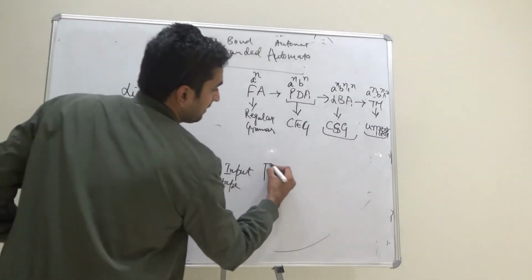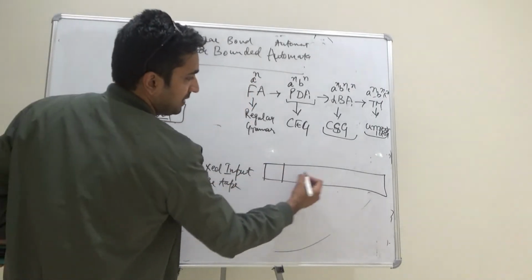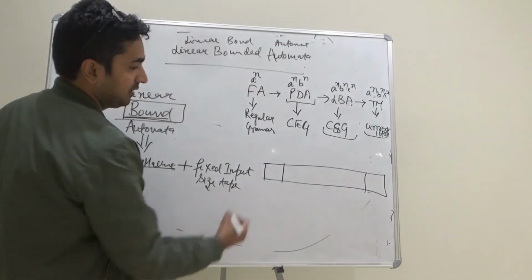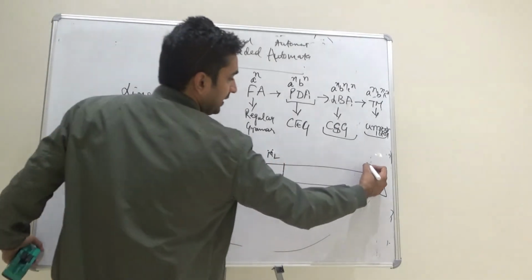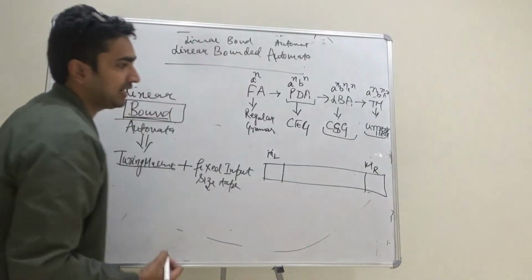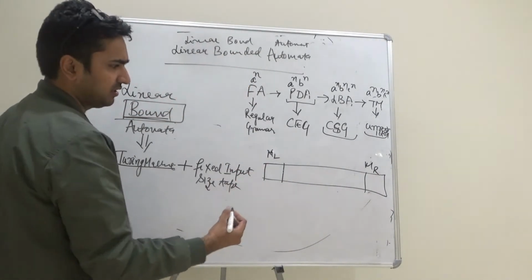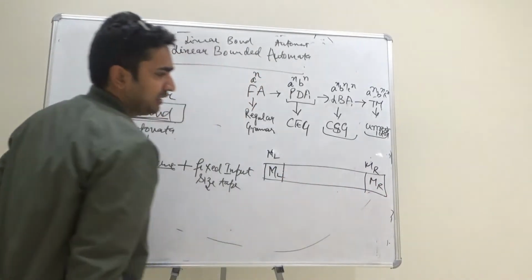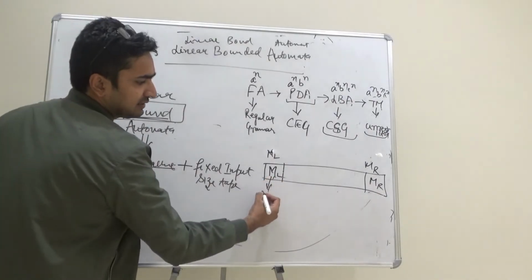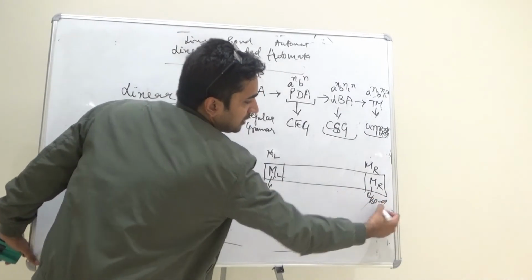So my linear bounded automata would be bounded by a left end marker, and it can be bounded by a right end marker. You can give any kind of variables to solve it. You can even call them ML and MR. These are bounds.